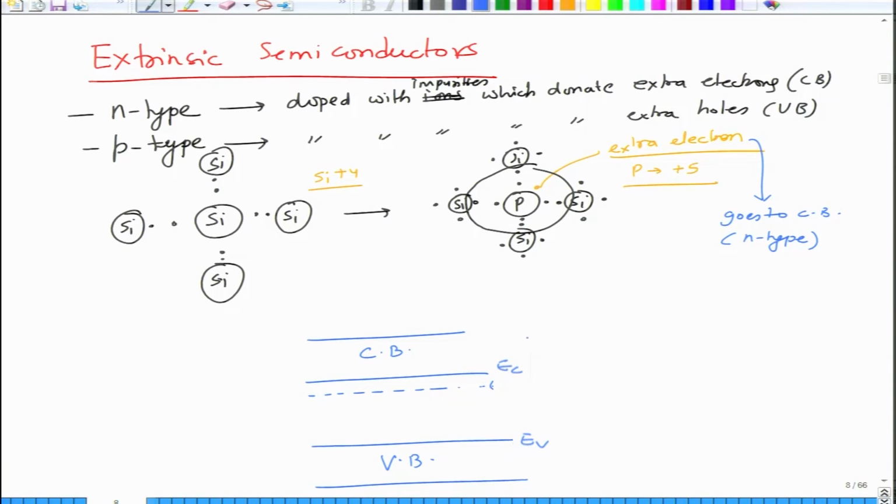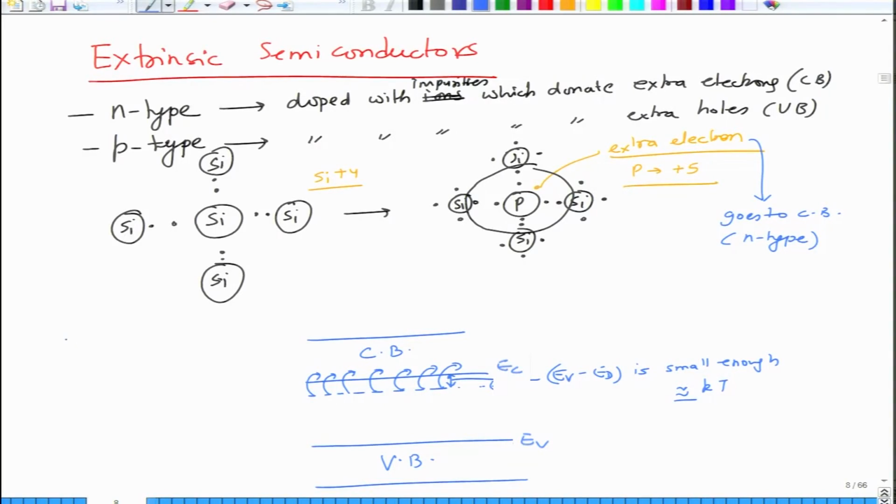For each phosphorus atom, if you are able to ionize all of them, then these electrons cross to the conduction band, provided the donor ionization energy, the difference between EC minus ED, is small enough, of the order of kT. Which is generally the case, and phosphorus will ionize and give all its extra electrons away to the conduction band. So in this case the number of carriers, basically N, becomes almost equal to Nd.